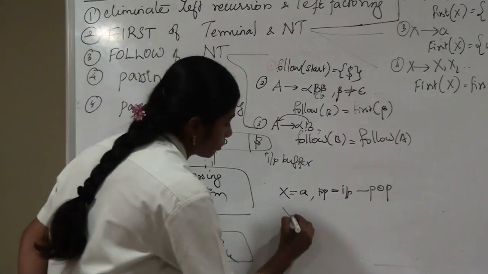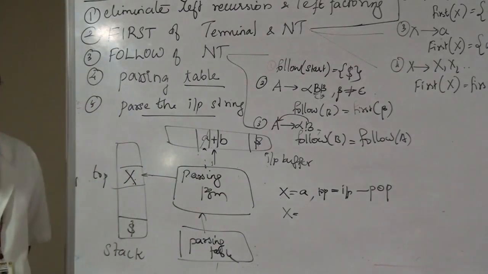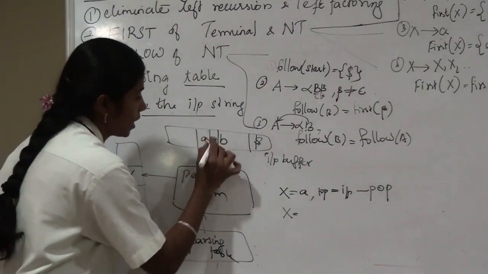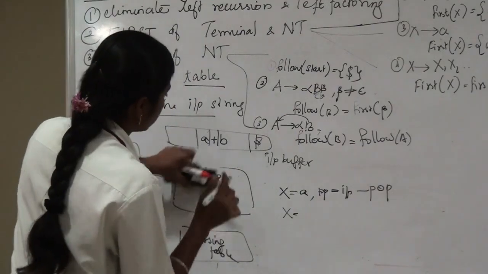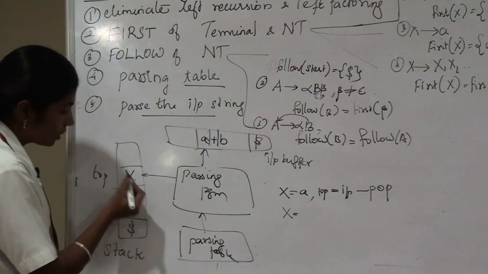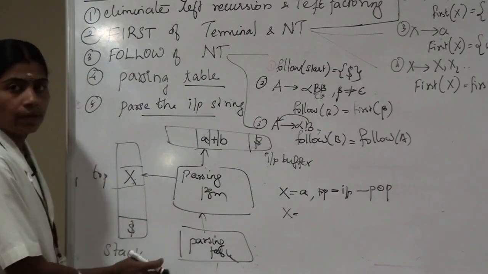Suppose you have a capital letter, that is, a non-terminal. Then you have a, and you have to find the respective match in the parsing table. So for this capital X and small a, what is the table entry?